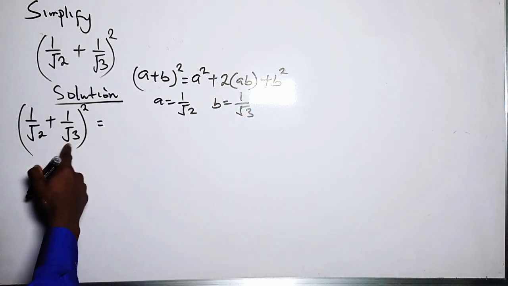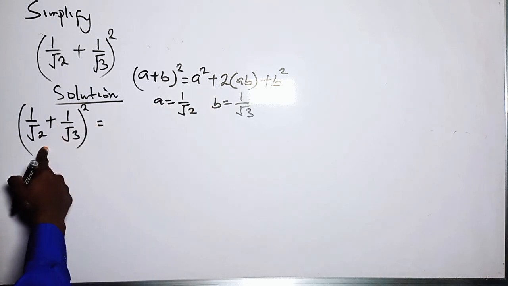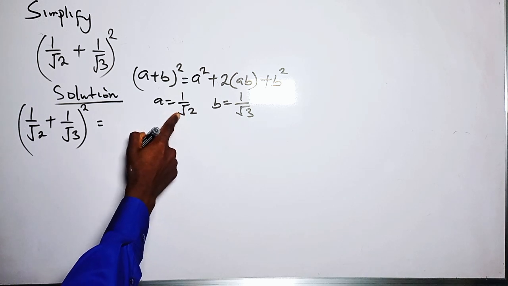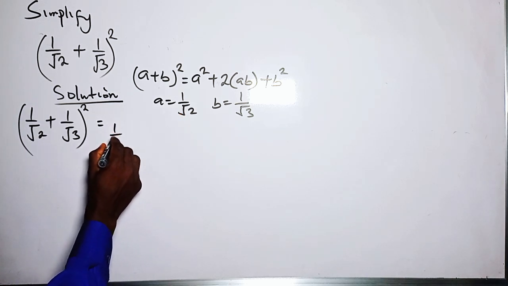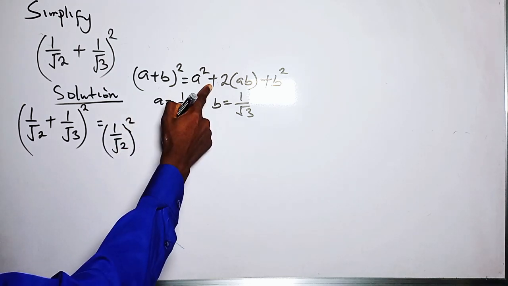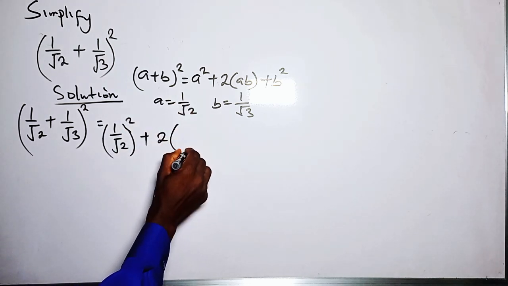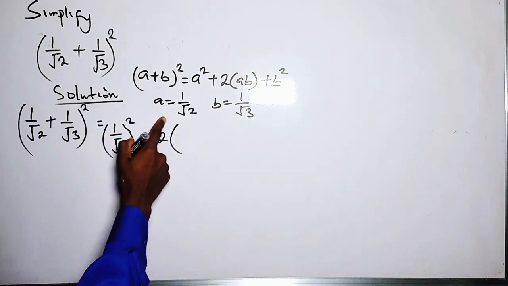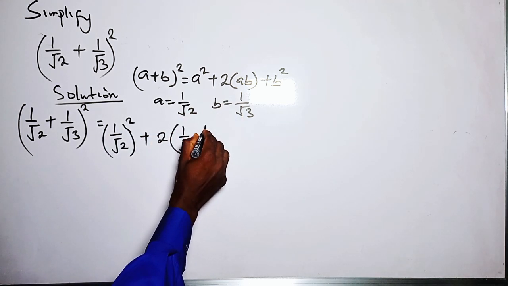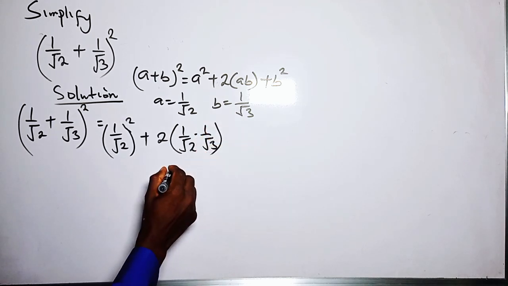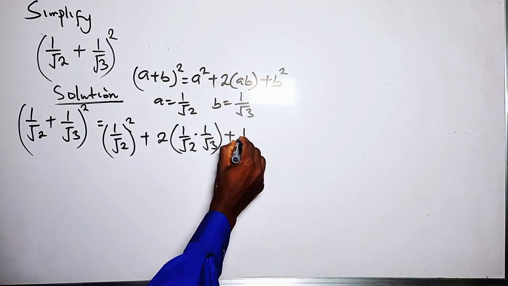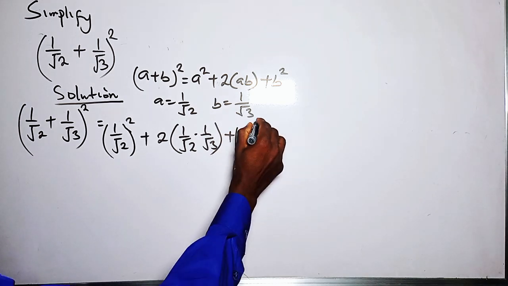So for a squared, we say 1 over root 2, squared, plus 2 times ab, that is 1 over root 2 times 1 over root 3, plus b squared, which is 1 over root 3 squared.